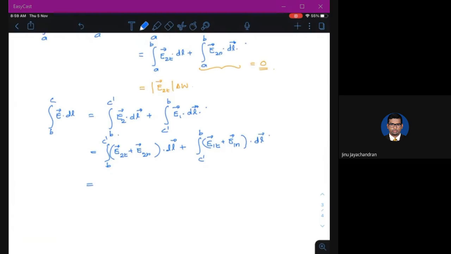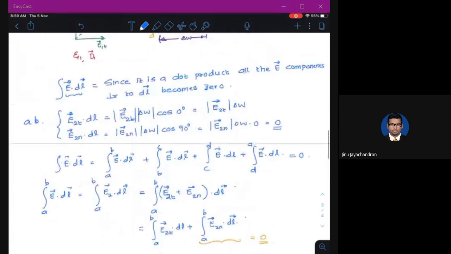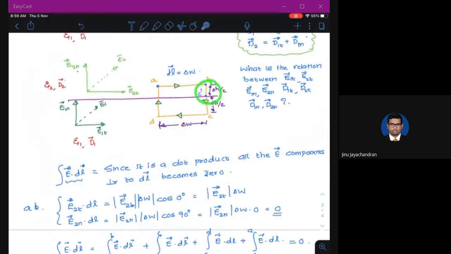this as the magnitude of E2n, dot dl, where the delta distance is delta h by 2, because this is delta h by 2.